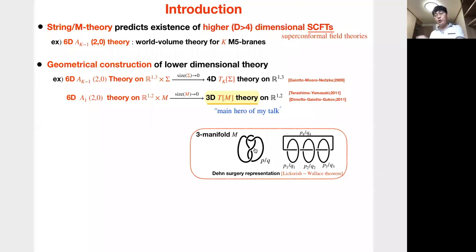Then we glue back a solid torus, this removed tubular neighborhood, and the way of gluing back is determined by this coefficient, P/Q. So this coefficient determines how this solid torus is glued back to the tubular neighborhood. So, for example, if P/Q is chosen to be infinity, then it just comes back to the three sphere.